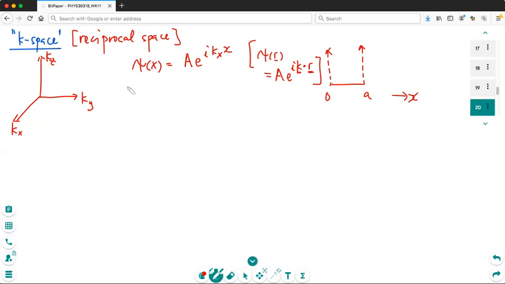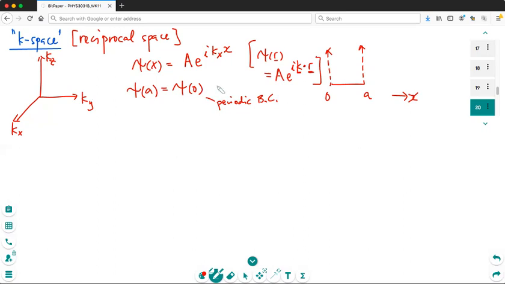The boundary condition demands that when I get to A, I come back from 0. When I go like this, somehow magically I come back from here. So this is the periodic boundary condition, and it's written like this mathematically. The only difference mathematically between this condition and the box boundary condition is that back then you set this to 0.